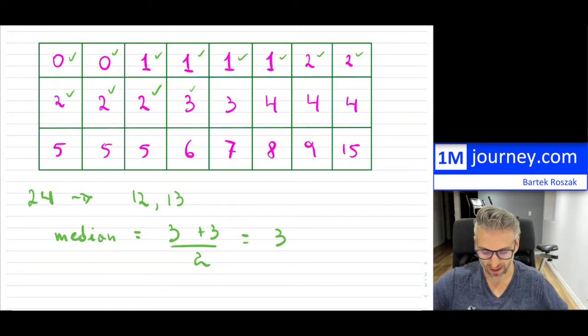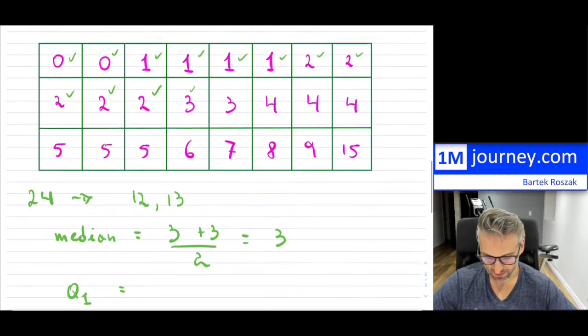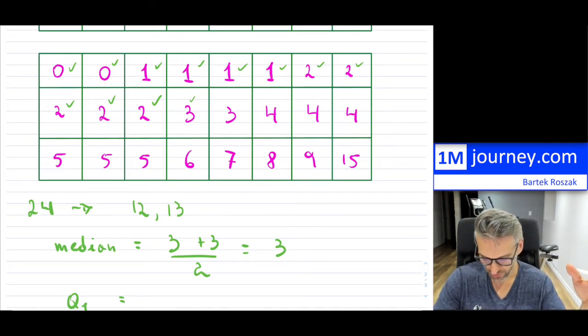Now, to find my first quartile, I have to do the same thing. So now I have 12 data points in the first half, from the median all the way to 0, my lowest datum.